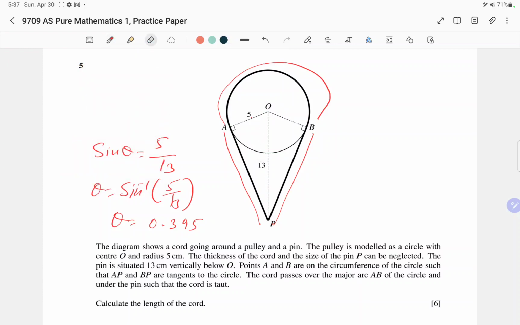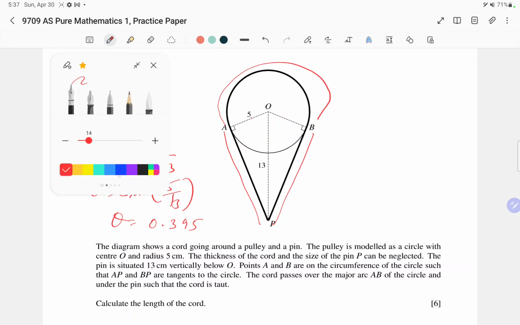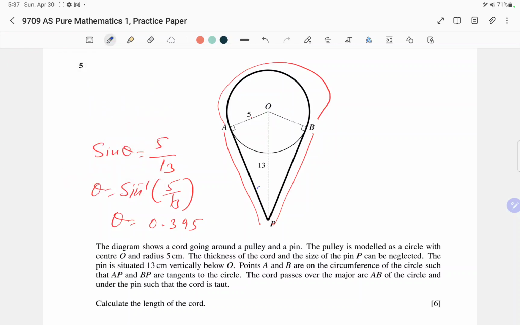Okay, so here I will use this. This is 0.395, this is also 0.395. So total will be 0.395 times 2, which will be 0.79.